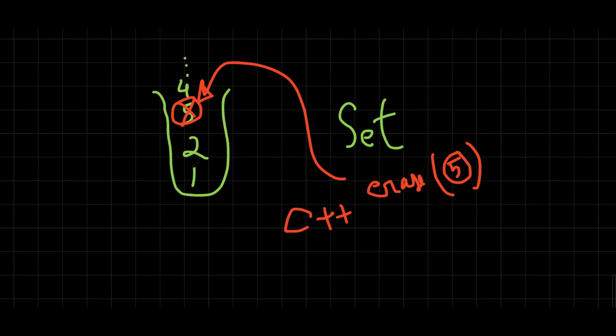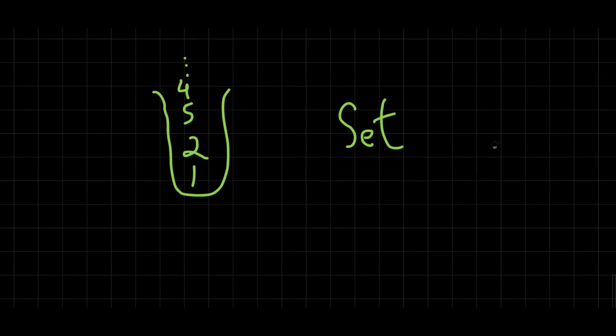Now, we have to implement the third method, which is GetRandom. Let's assume our set has several elements, which are 1, 2, 4, 5, and so on. Now, we want to get a random element from the set. What is the nature of random?